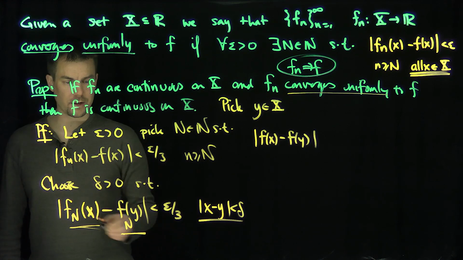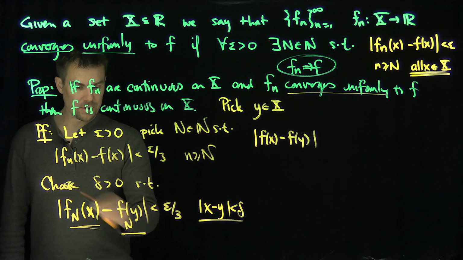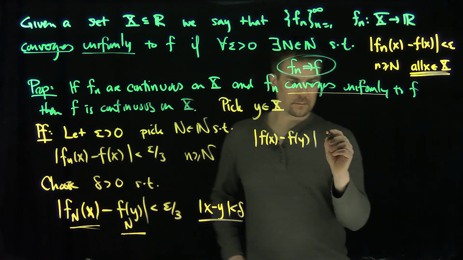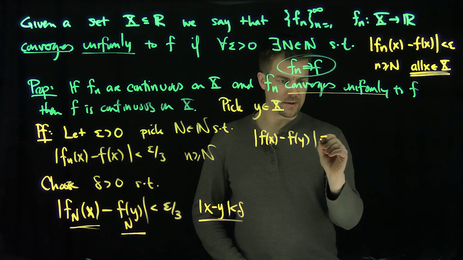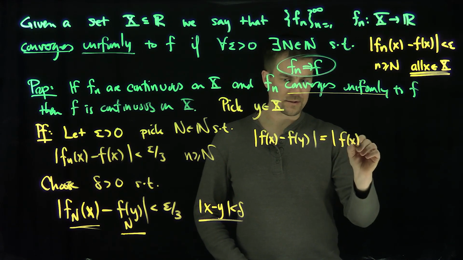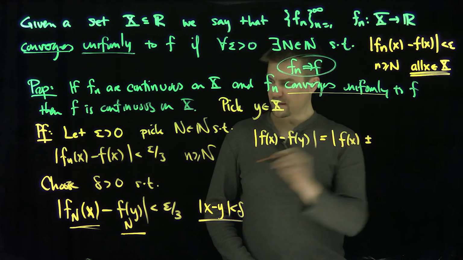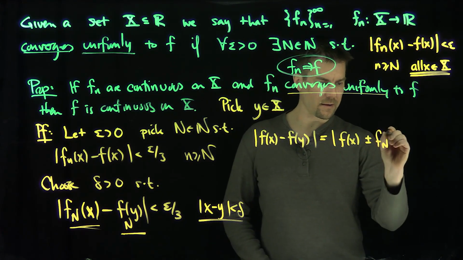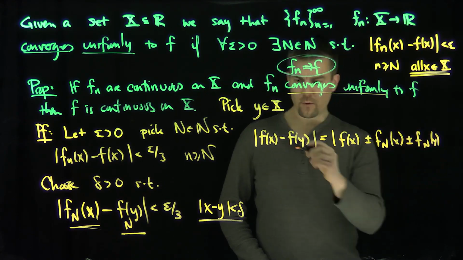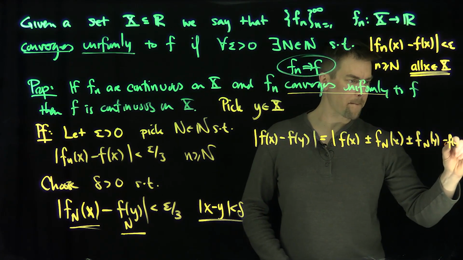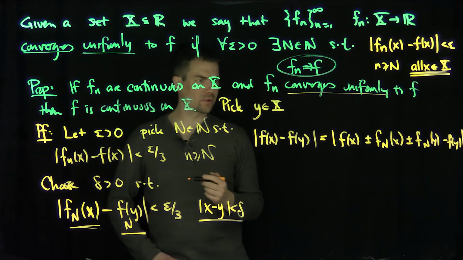So I'm going to write this as f(x) plus minus F_N(x), plus minus F_N(y), and then minus f(y). Okay, so I have those 6 terms over there.